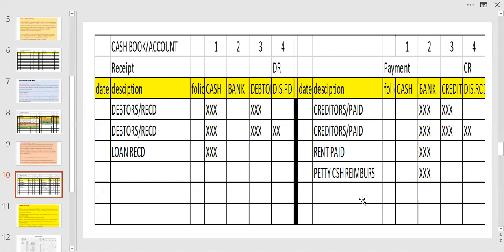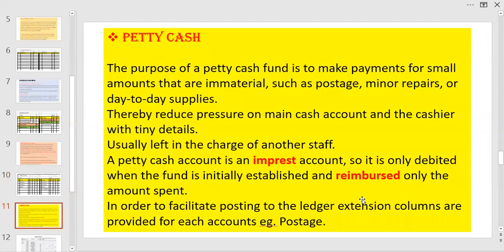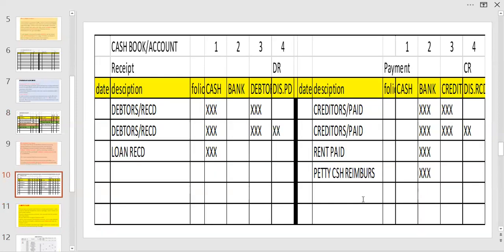If you see this format, four columns are there for amount. One for cash, one for bank, another for debtors and creditors, and another for discount paid and received. When you receive cash from the debtors, first it would be entered in the cash column, then it will be extended to the debtors column as well.